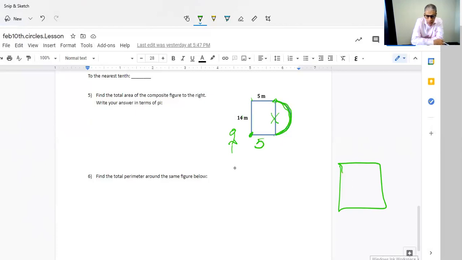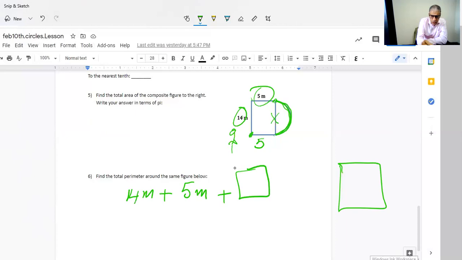And that will give you the perimeter of the shape. So it will be 14 meters plus 5 meters plus something for the circle, which is part of the circumference of the circle, and plus 5, and that be the perimeter of the whole thing, okay?